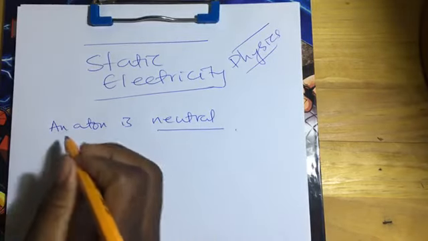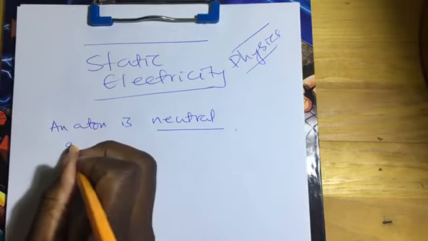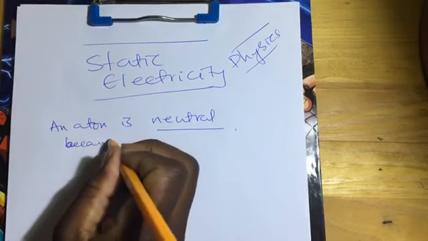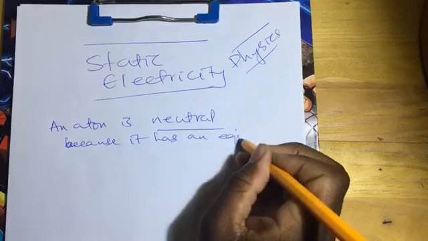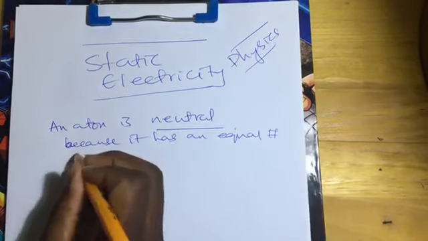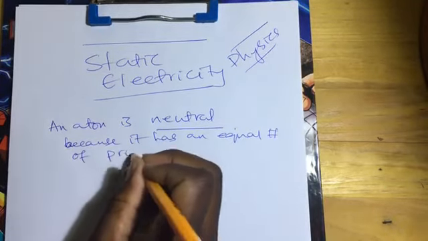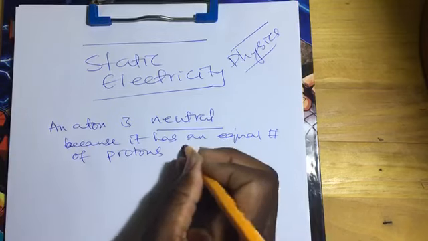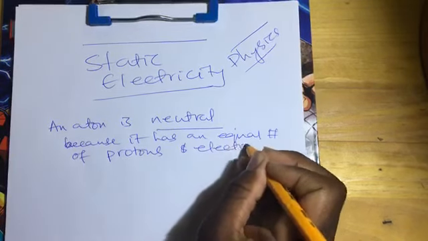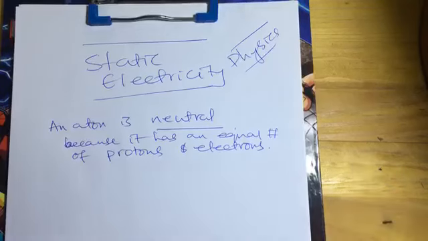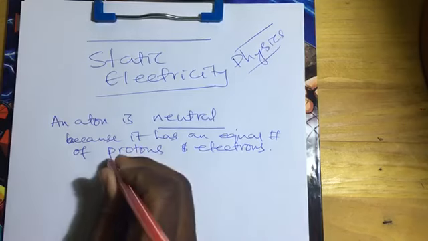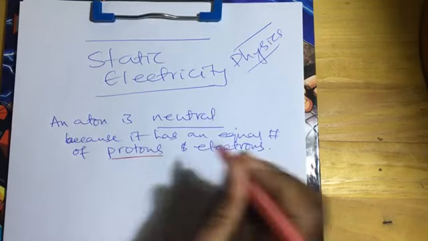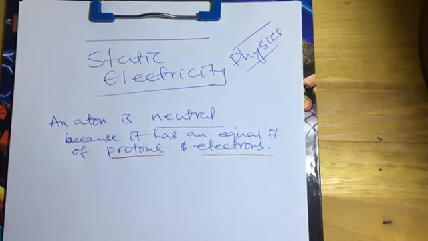We basically mean this atom has an equal number of protons and electrons. So an atom is described as neutral because it has an equal number of protons and an equal number of electrons.